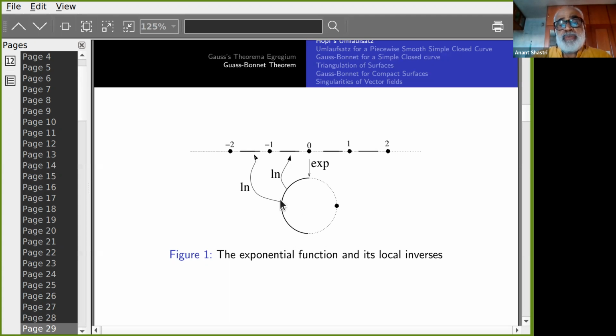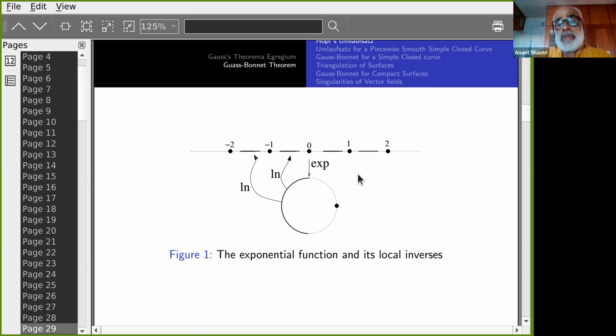And the inverse function is a log function, a branch of the log function. From here to here, if you take the exponential function, it is a 1-1 mapping, it has an inverse. Okay, it has an inverse here also, but they differ by just an additive constant, an integral additive constant.